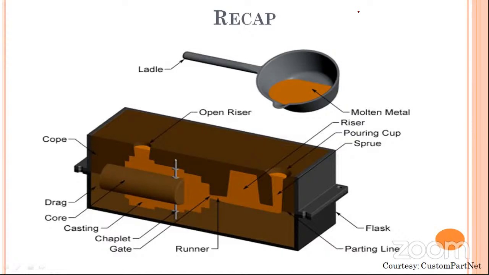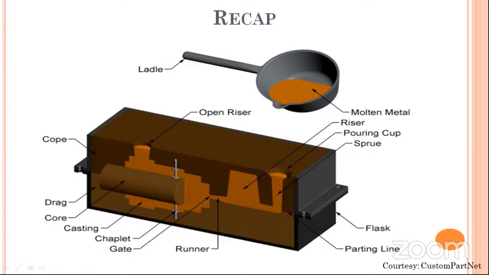Okay, because it is at a higher height than other parts. Of course, if you see carefully, the sprue is also at the same height, right? So the molten metal can flow from the sprue to the runner through the ingate and then enter the mold cavity. Ingate is closed? No, it is not closed. It is present.